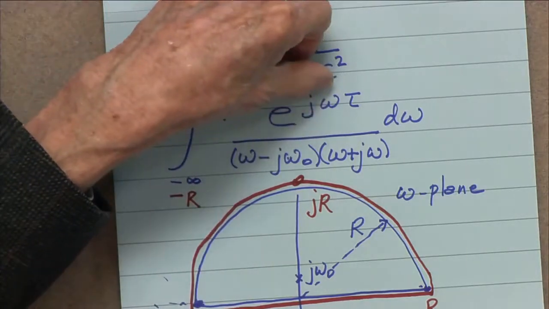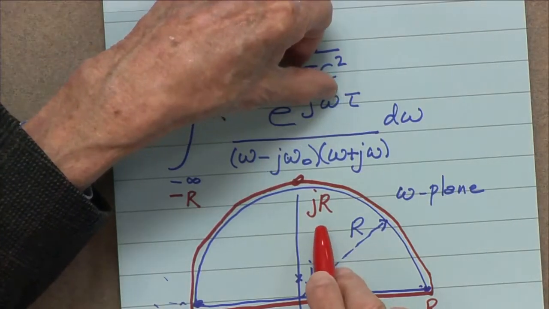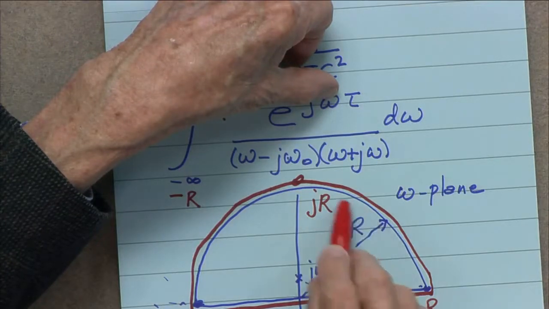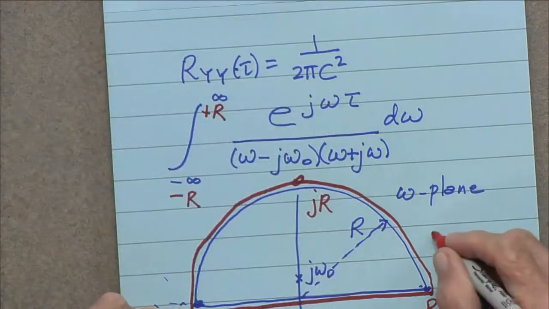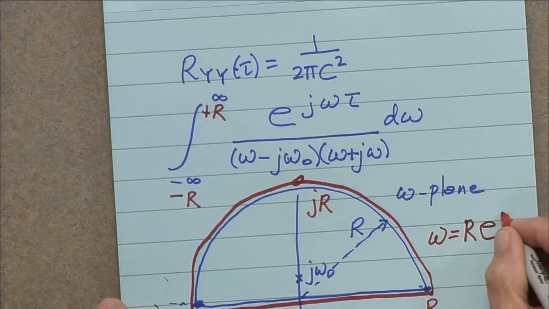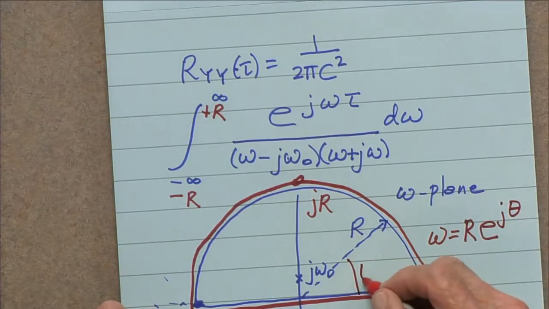Well, if we're integrating, omega is going to be r e to the j theta. Right. So here's theta.